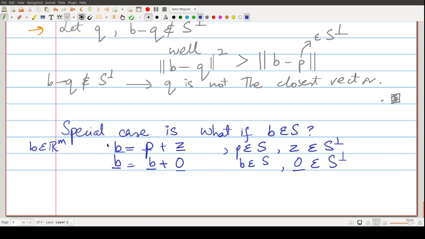Now notice that I have gotten two different representations for b. And by the previous video I showed that this direct sum representation has to be unique, which means that p must be equal to b in this case.